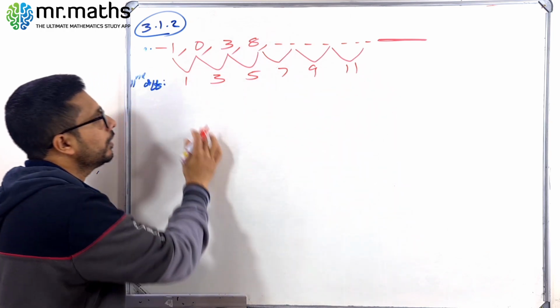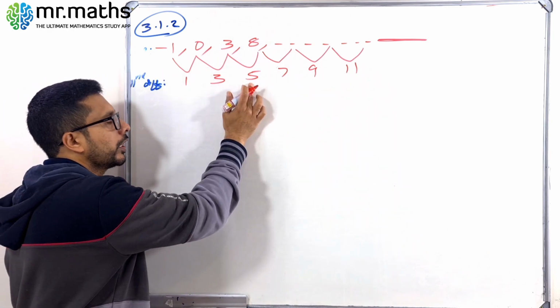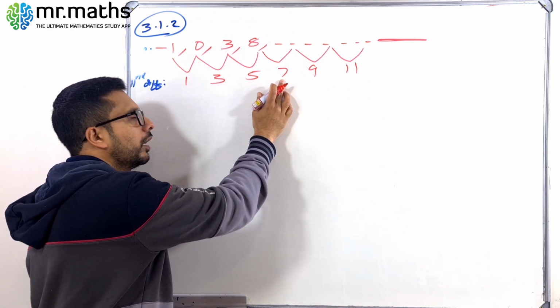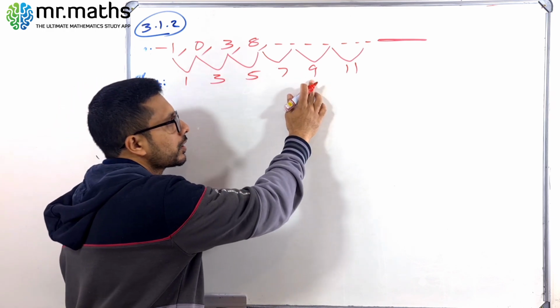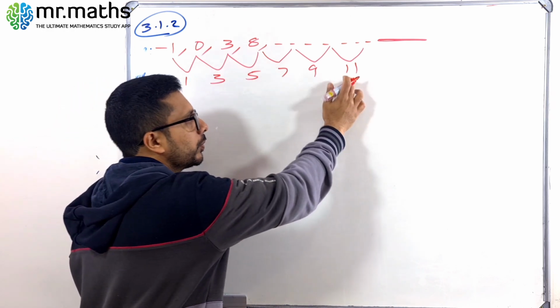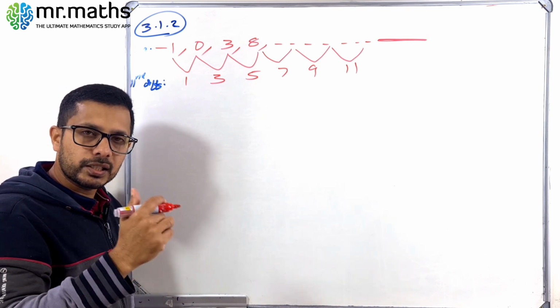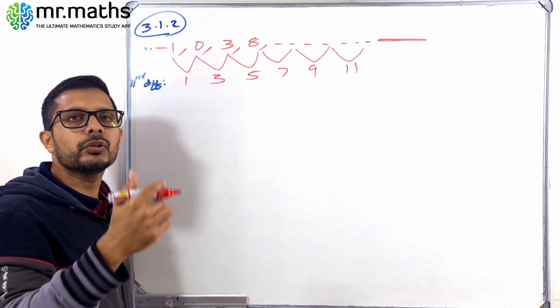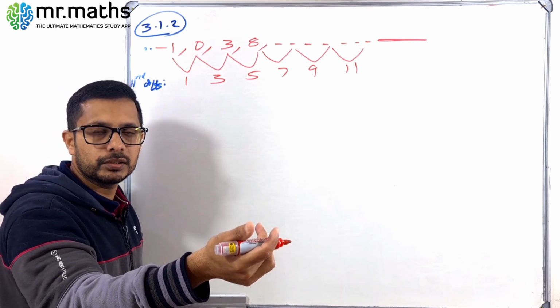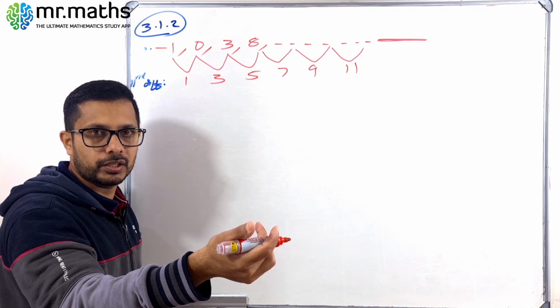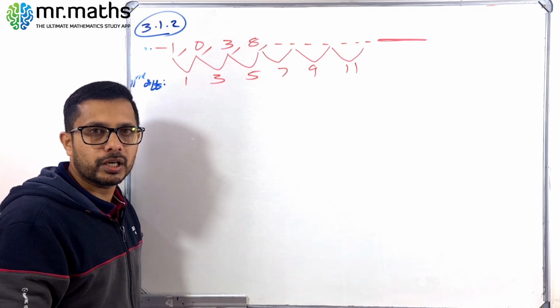Am I right? So 1 plus 3, 4. 4 plus 5, 9. 9 plus 7, 16. 16 plus 9, 25. 25 plus 11, 36. Like that, etc. Where you are getting 250. Do you understand? Which term you are getting 250.